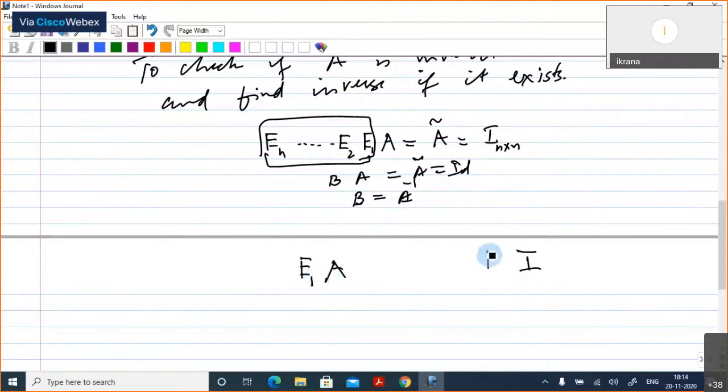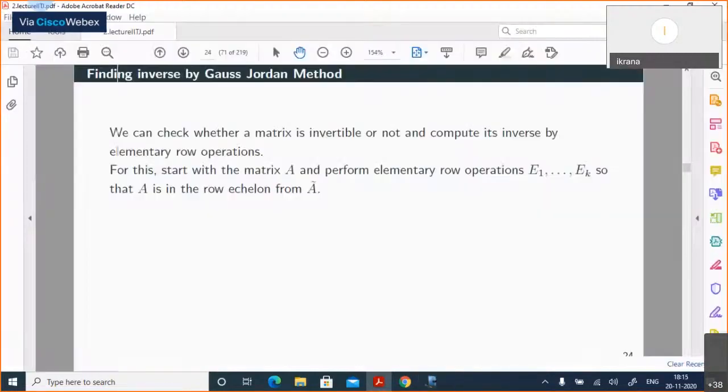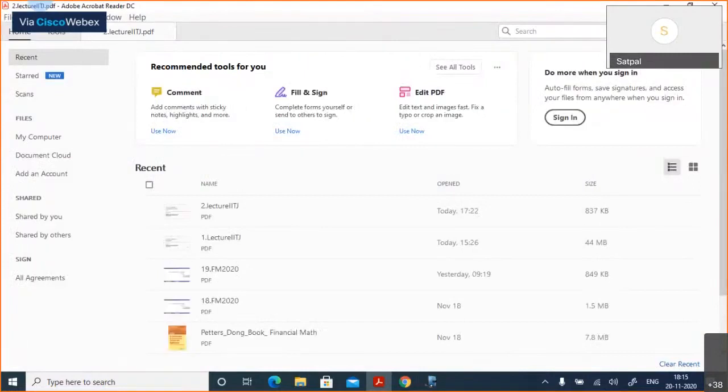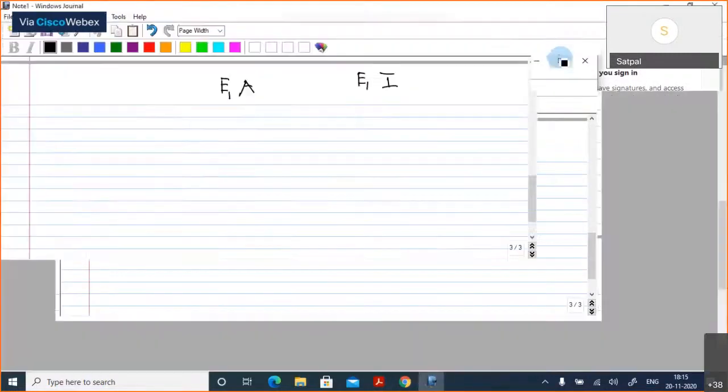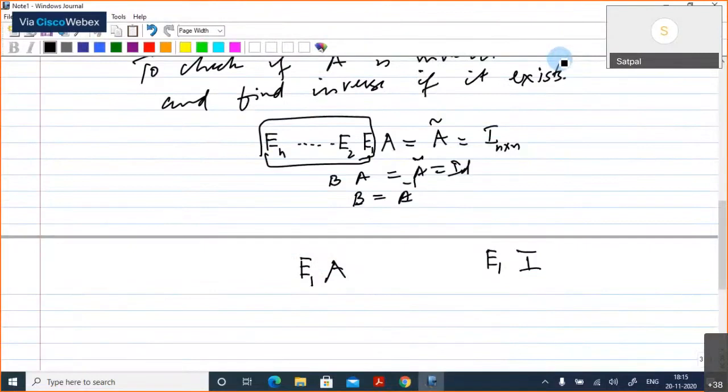When I apply E1, keep track of it. This is the record of the operations I am doing.